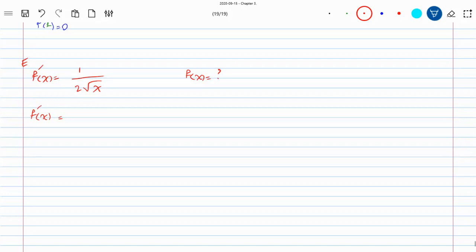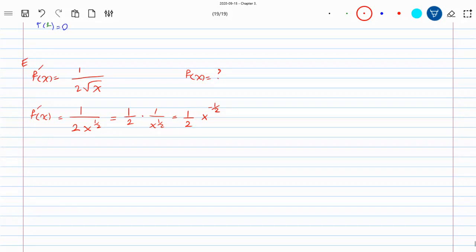And we don't have any formulas at the moment. So what you do is you try to rewrite this as 1 over 2 x to the power 1/2. I can rewrite that as 1 over 2 times 1 over x to the power 1/2. I'm going to break it down so you can see that these procedures are nothing different than moving this to the numerator and multiplying it by a constant.